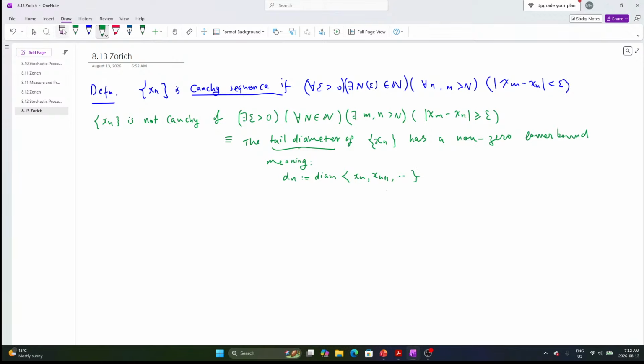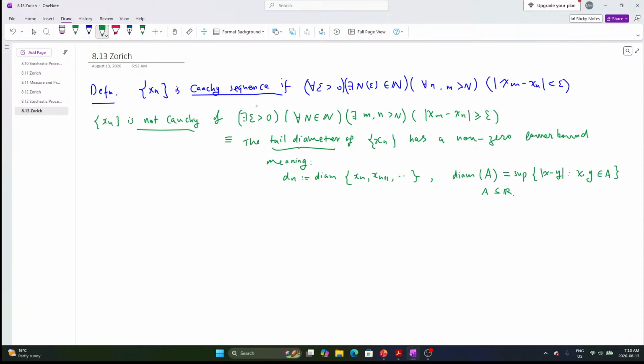Okay, so that's the definition of a tail diameter, because this is the tail, starting from xn and everything after. And the diameter of a set A, where A is a subset of the reals, is defined as the sup of the absolute value of x minus y, where x and y are in A.